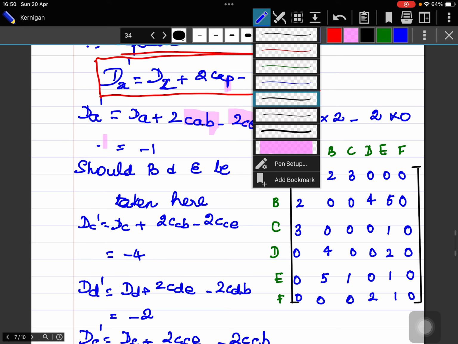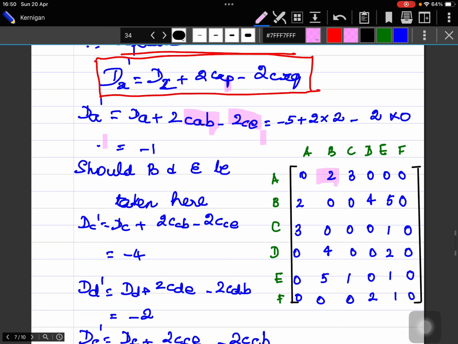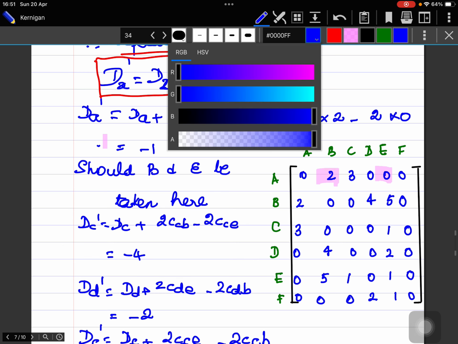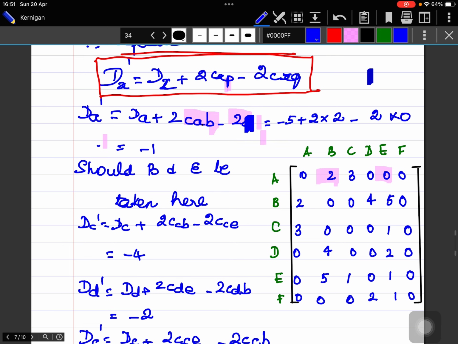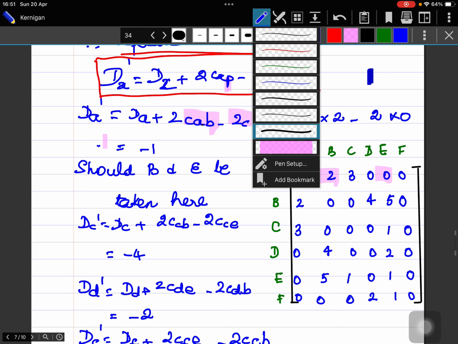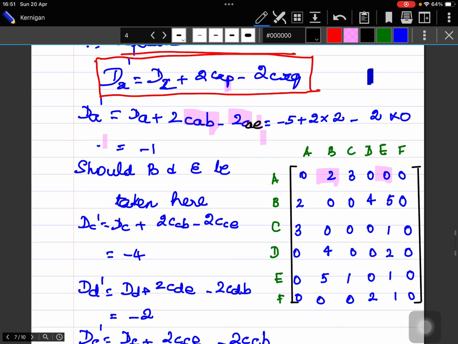And 2CAE is 0. So substitute all those values, you will get minus 5. 2 is CAB, and 0 is 2CAE. So that will be minus 1.